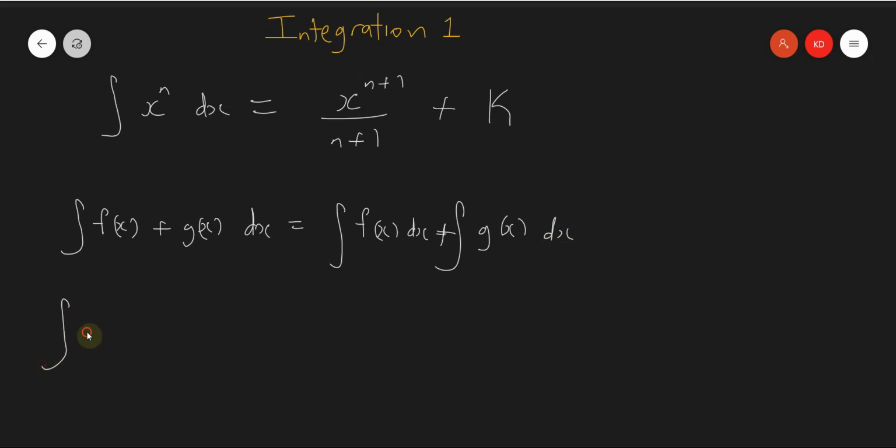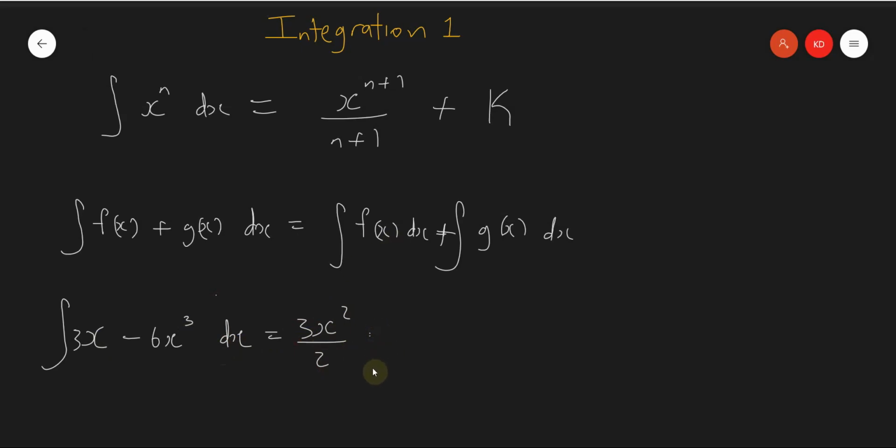So let me just rewrite another example. If we had 3x minus 6x cubed with respect to x, that's basically 3x squared upon 2. When we integrate 3x, that's what we should get. Then we simply integrate the next term and add whatever we got for that integral.